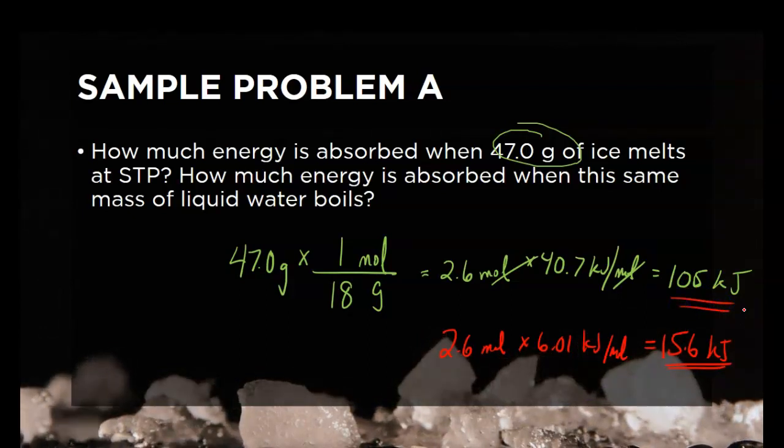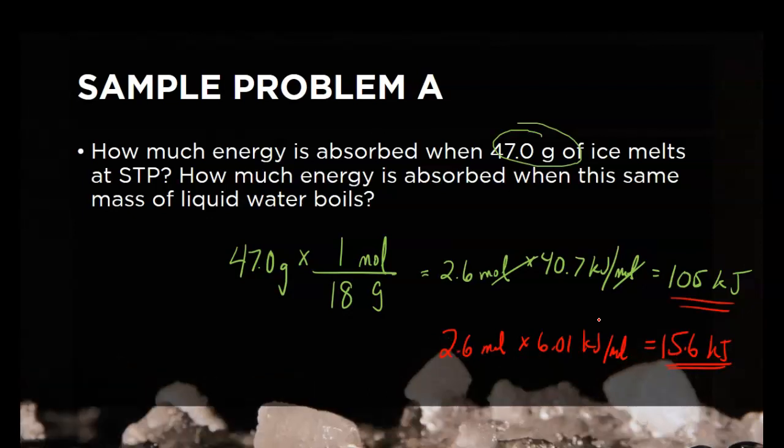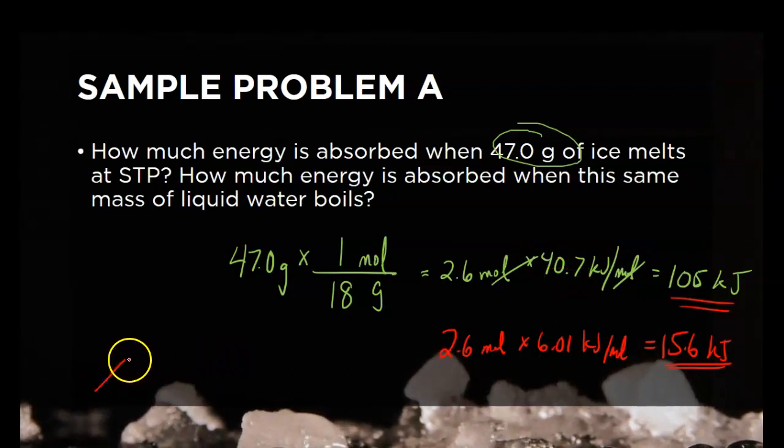But I'm not talking about what's in between. If you're going to go from ice to liquid and then liquid to steam, there's also all the energy it would take to heat it up. If you're looking at that graph, it's going to take some energy to heat it up to the melting point.